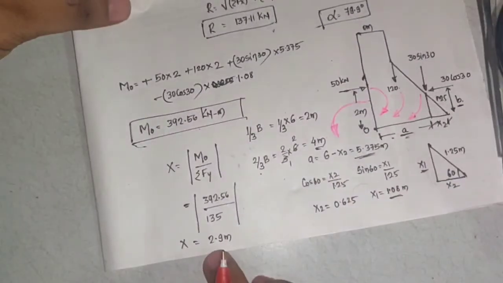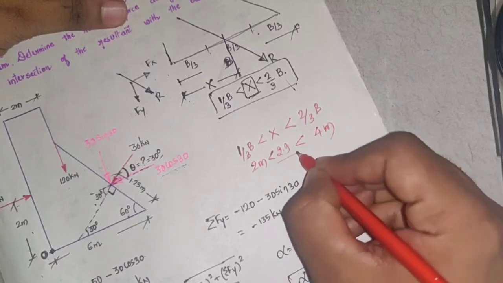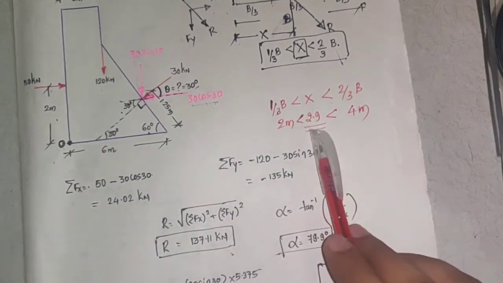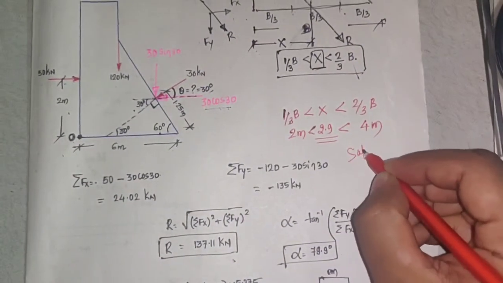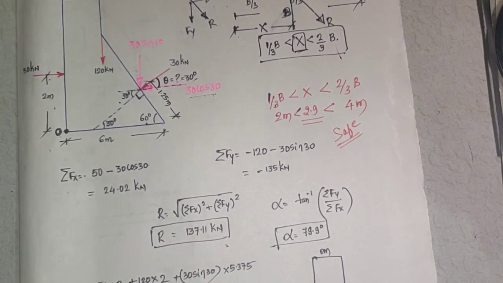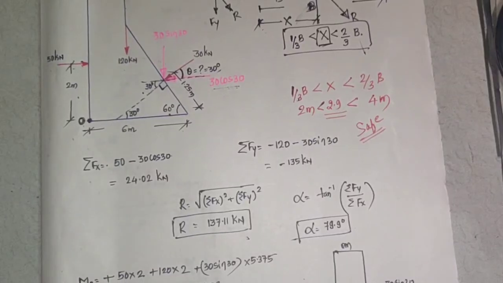We are getting x as 2.9 meters. So whether our dam is safe or unsafe? The value 2.9 is greater than 2 but less than 4. Means the dam is safe. The resultant is passing through the middle third portion. So this is how Varignon's theorem is applied.